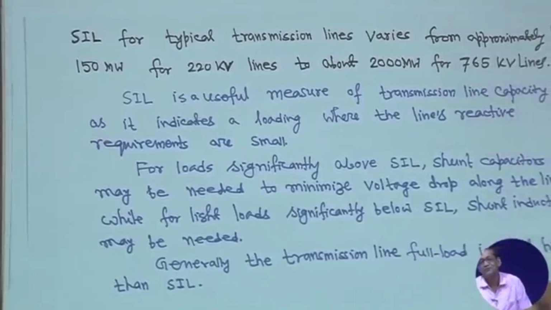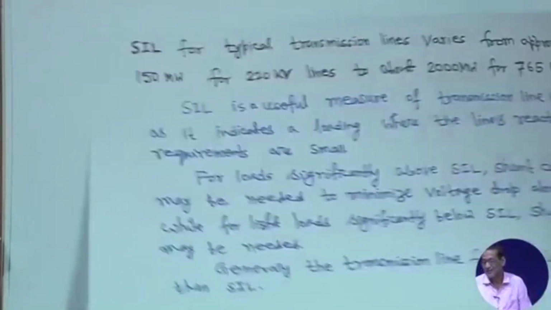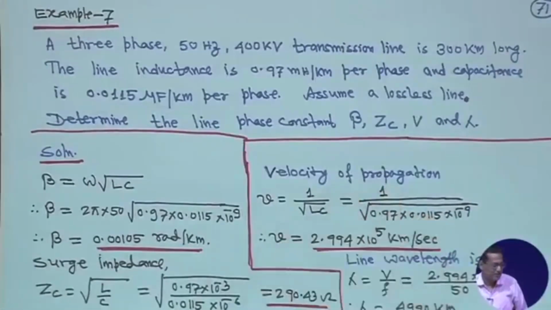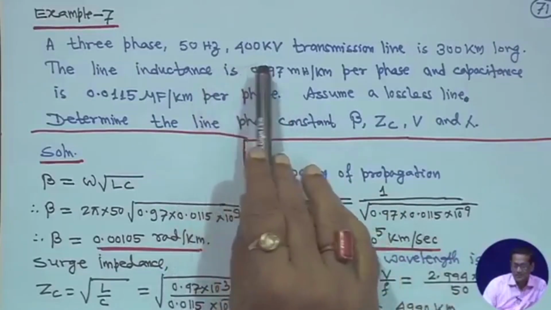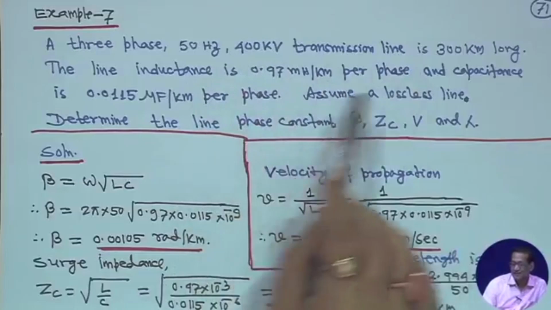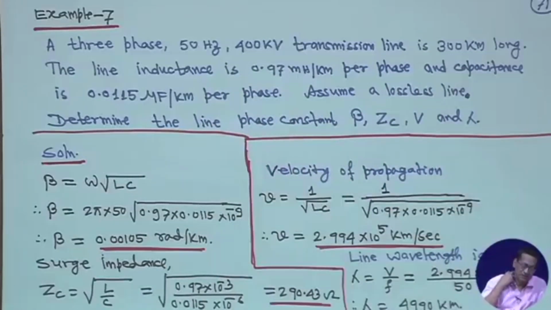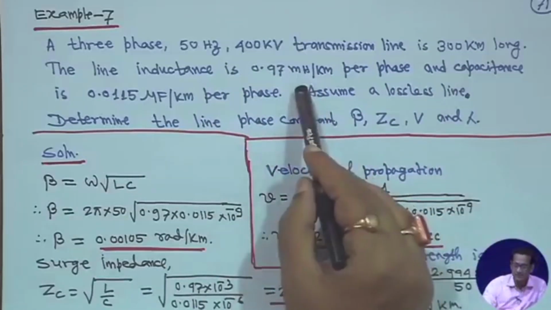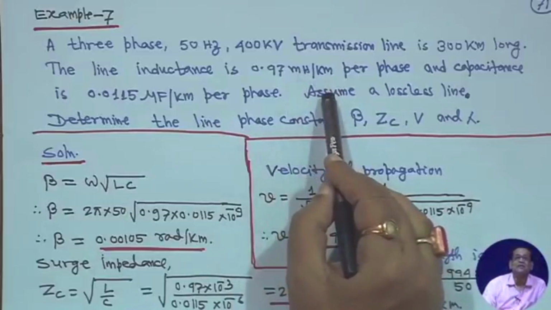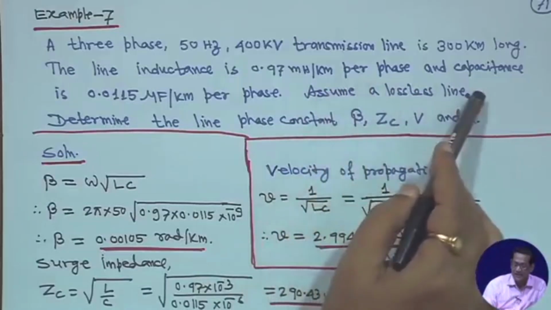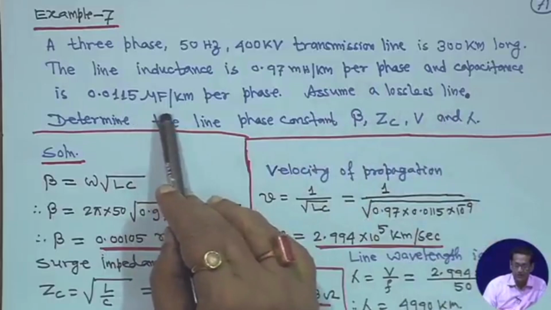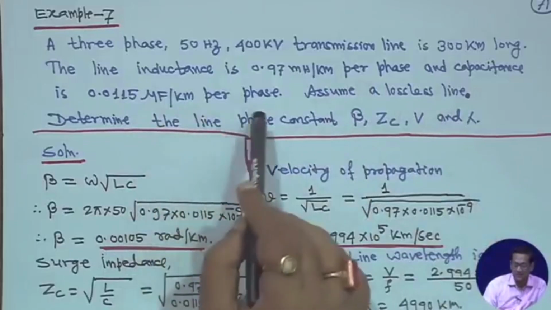After that we will go to 3 phase power flow through transmission line. So we take a small example: a 3 phase 50 hertz 400 kV transmission line is 300 kilometer long. The line inductance is 0.97 millihenry per kilometer per phase, and capacitance is 0.0115 microfarad per kilometer per phase.